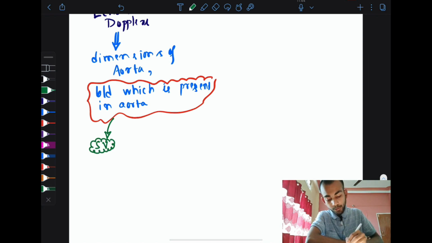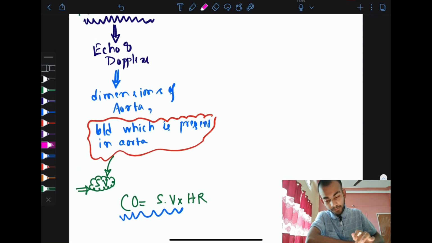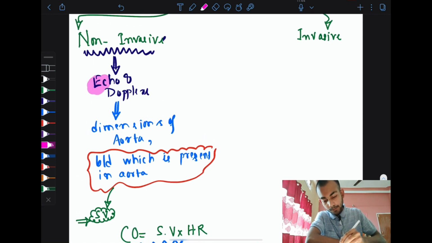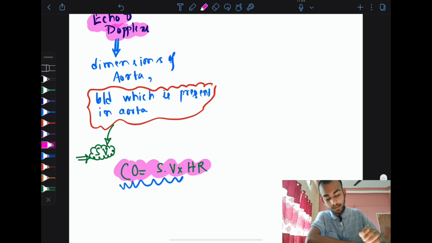So if we can calculate the amount of blood pumped per stroke by the ventricle, that is nothing but the stroke volume, can't we calculate the cardiac output using the formula cardiac output is equal to stroke volume into heart rate? Obviously yes. So this is how the non-invasive method via echocardiography and Doppler studies enables us to calculate the cardiac output.